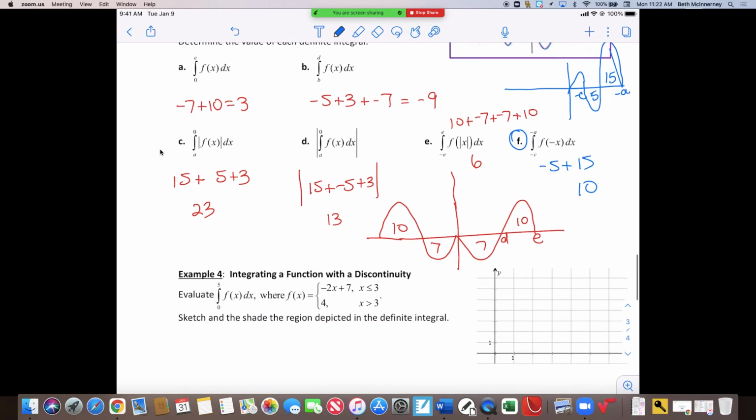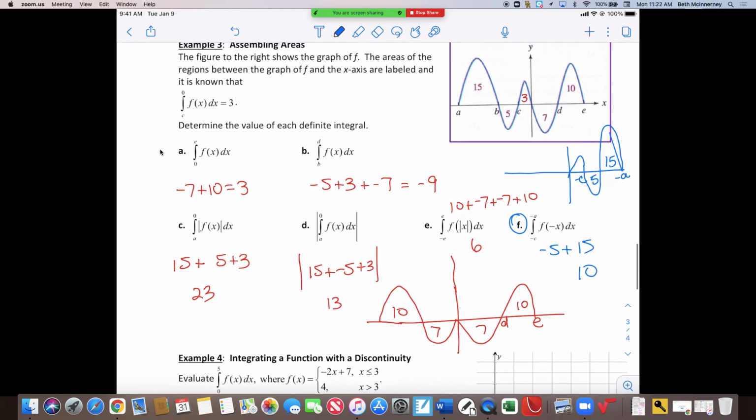So is the negative x reflected across the y? It should be over... this is odd, right?